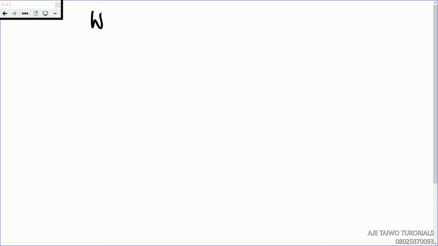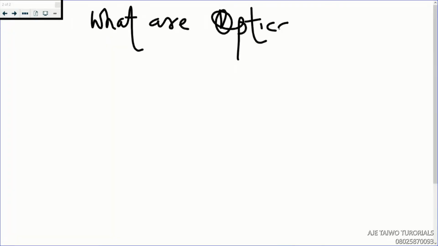Now, what are optical isomers? What do we call optical isomers? Okay, let's write. If I ask you to define optical isomers, right?